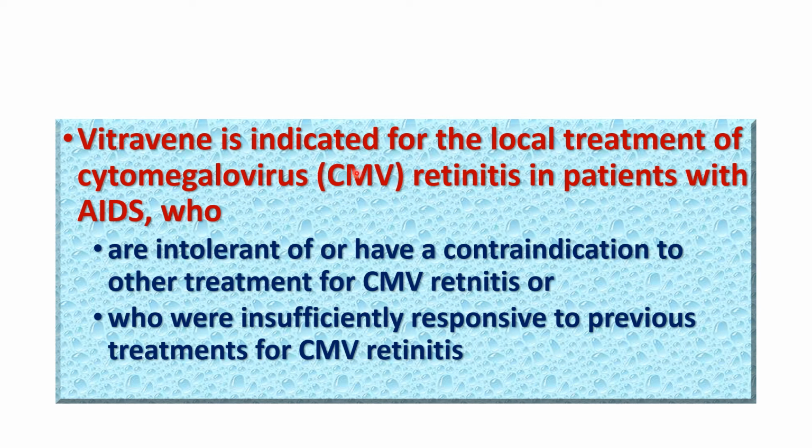Vitravene is indicated for the local treatment of cytomegalovirus retinitis in patients with AIDS who are intolerant or have a contraindication to other treatment for CMV retinitis, or who were insufficiently responsive to previous treatment for CMV retinitis.